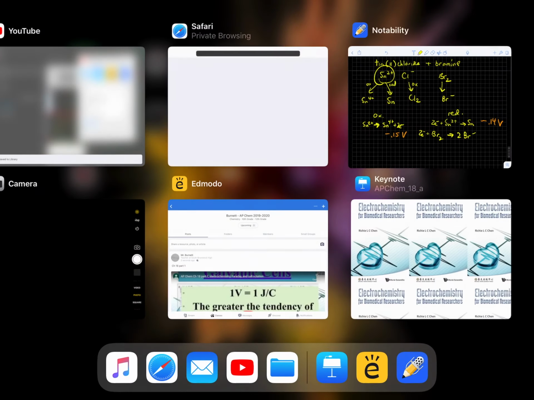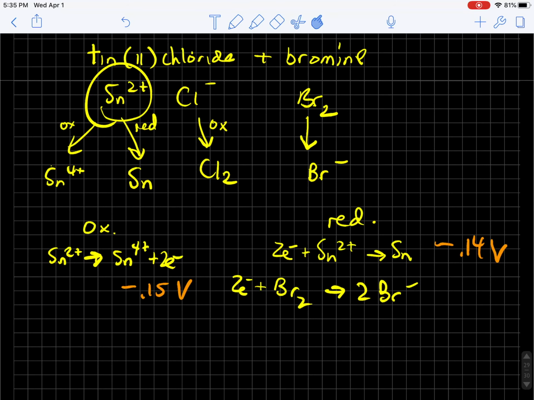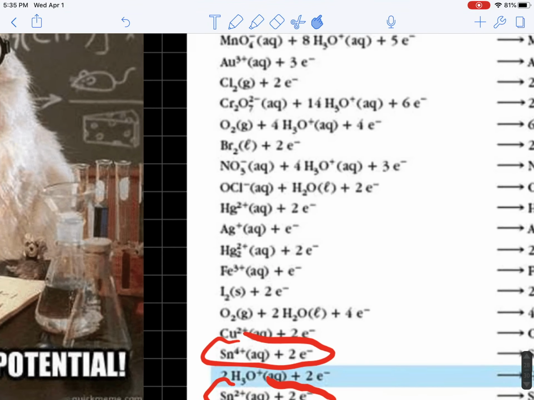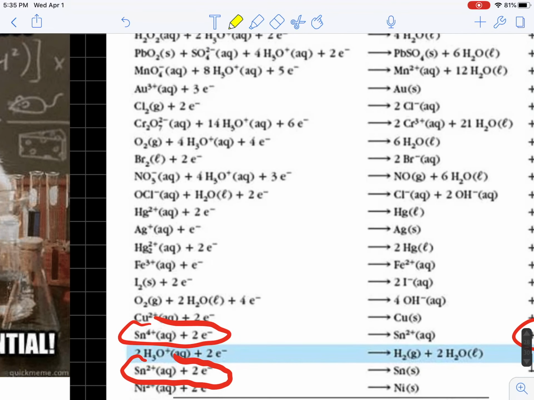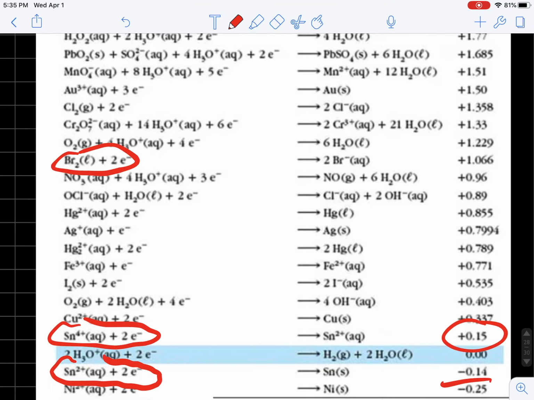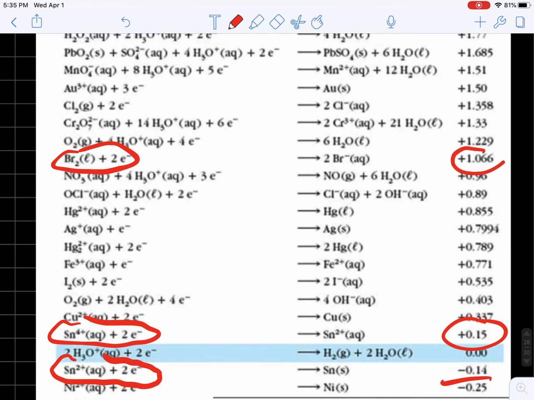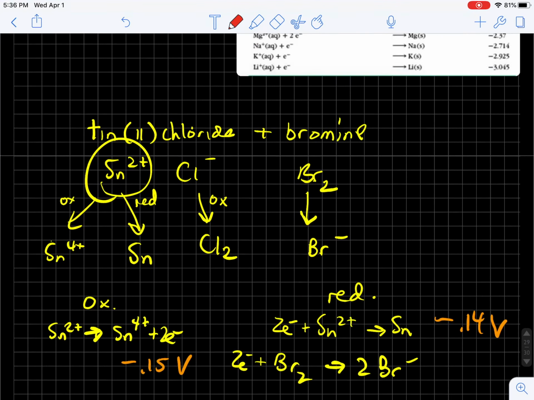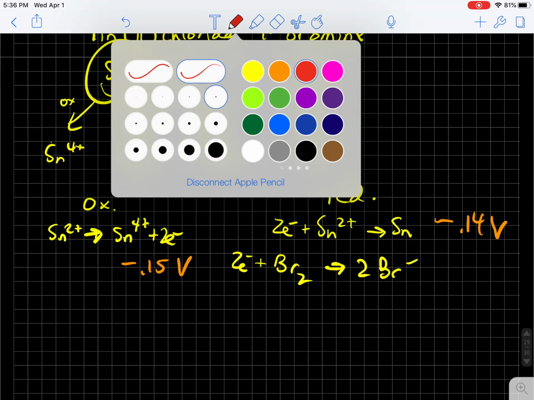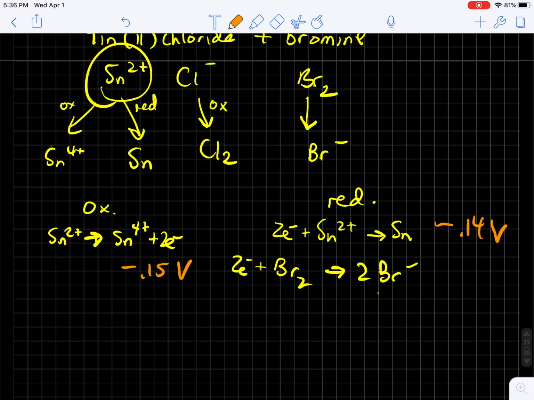We'd have to add 2 electrons to do that. So we look up the reduction of bromine. All right, so here it is. And we follow that over, we get positive 1.066. So a very strong driving force for bromine becoming bromide.